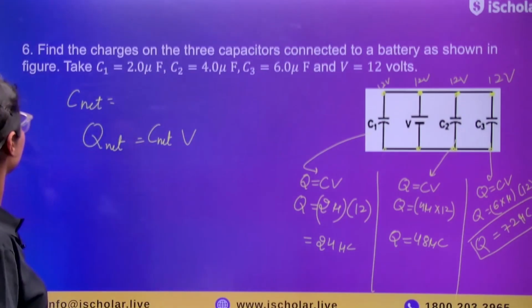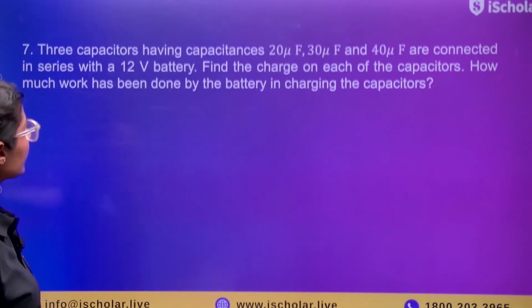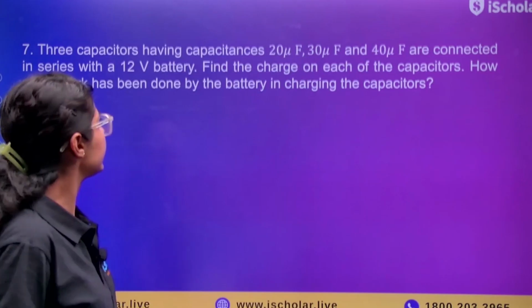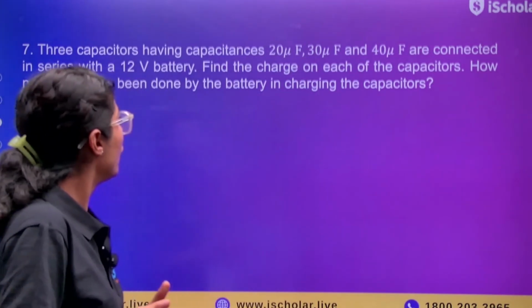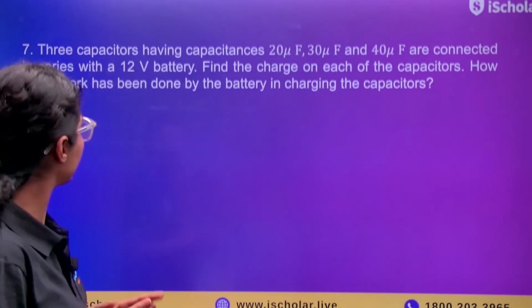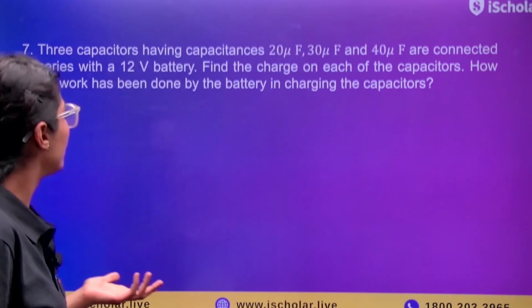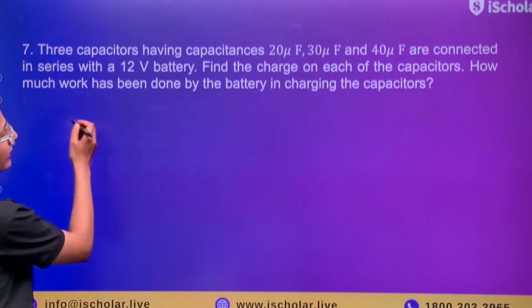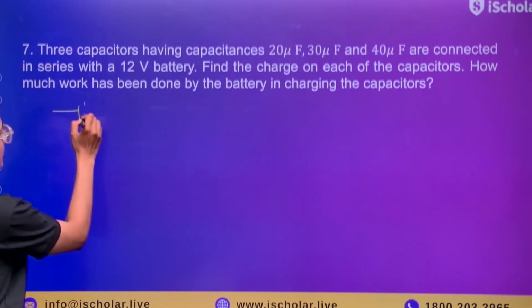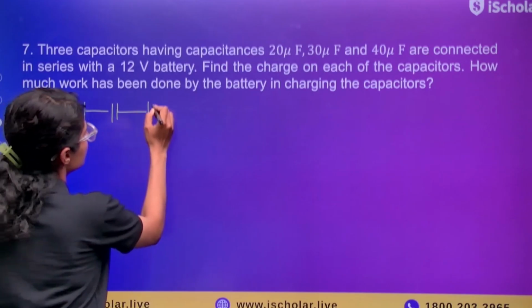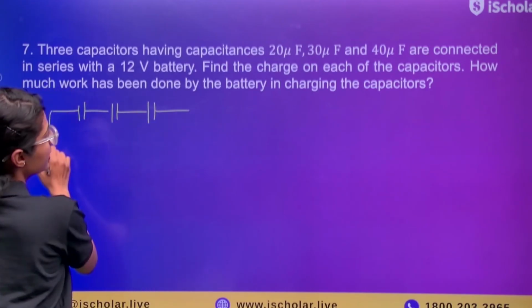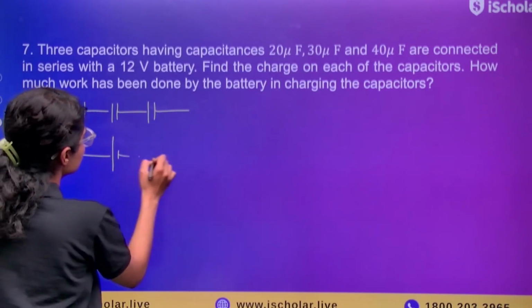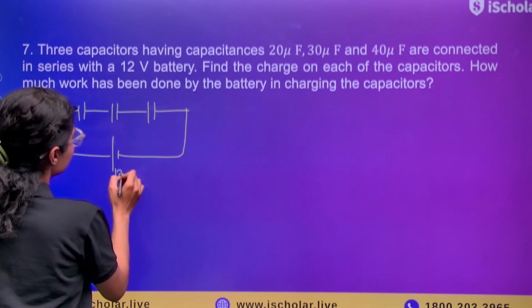Am I clear? Coming to the next, we have 3 capacitors connected in series with a potential of 12 volts. So I'm writing it as, there are 3 capacitors connected to a battery of 12 volt.